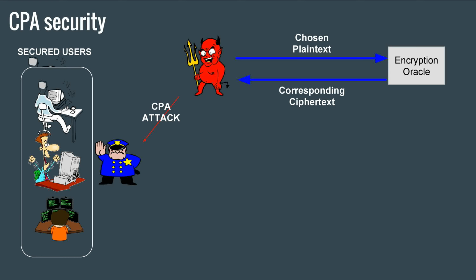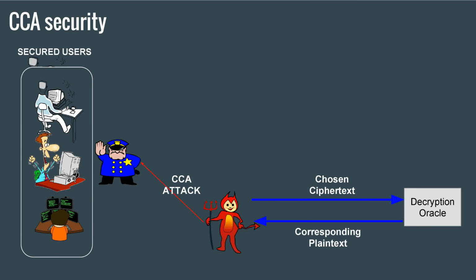This can be either by getting access to a public key or access to an encryption oracle, as the figure shows. On the other hand, in the chosen ciphertext attack model, the adversary not only gets access to an encryption oracle, but also a decryption oracle. He can query the decryption oracle with his chosen ciphertext, and it would return him the corresponding plaintext.